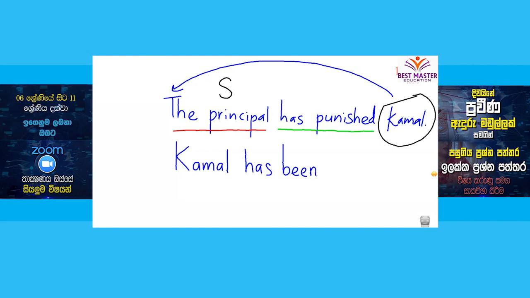The has been is the first part of the verb. In a passive voice sentence, we use only the past participle verb form. As this is also a perfect tense, we have to use the past participle verb. Punished, the same one comes here.